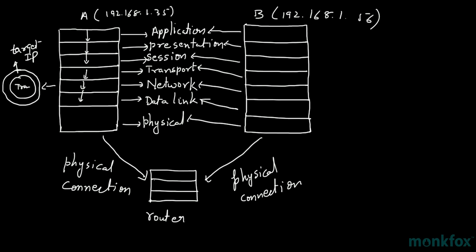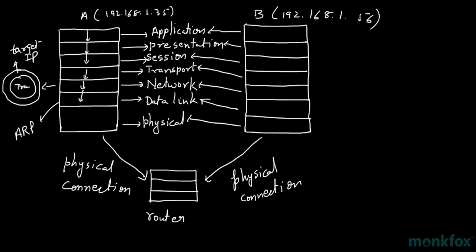The network adapter currently connected to it is the router. So it will send an ARP request to figure out who is connected to me and has a target IP of 192.168.1.56. In fact, when the ARP request goes, nobody will respond.